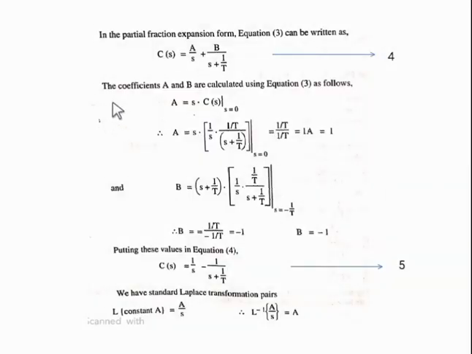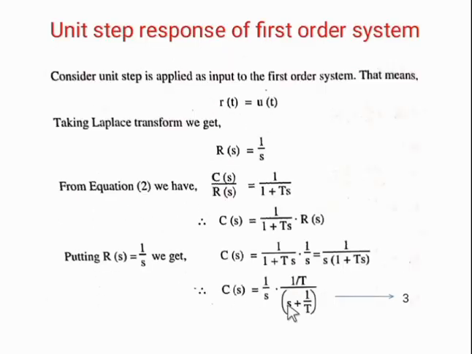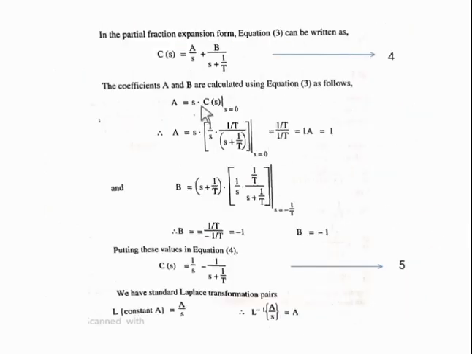Now we have to find the coefficients A and B. To find the value of A, A equals s into C(s), forgetting this term, and to find the value of B, forgetting this term, B equals C(s) into s plus 1 over T, where C(s) equals 1 over s into 1 over T divided by s plus 1 over T. So if we put the value of C(s), A equals s into C(s).